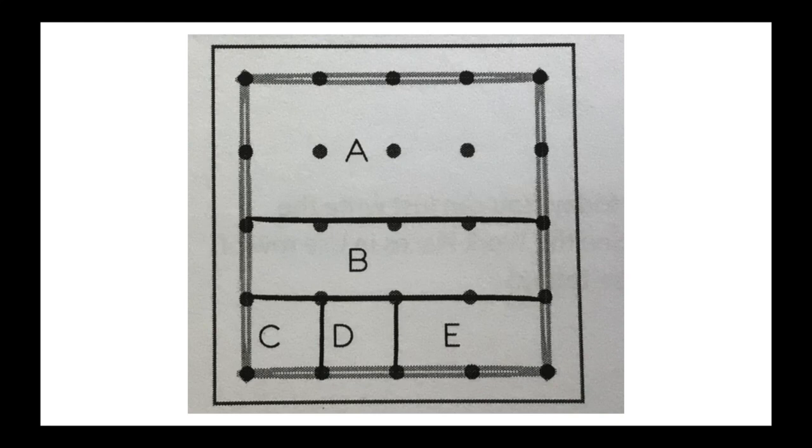Then I'm going to go to section B. Now it gets a little bit trickier, and there are lots of different ways I can think about section B to help me put a label to it to see what fraction of the whole shape this is. I can compare B to A, but I can also look at shape B and think, how many of this exact same shape B could fit into my whole big overall square?